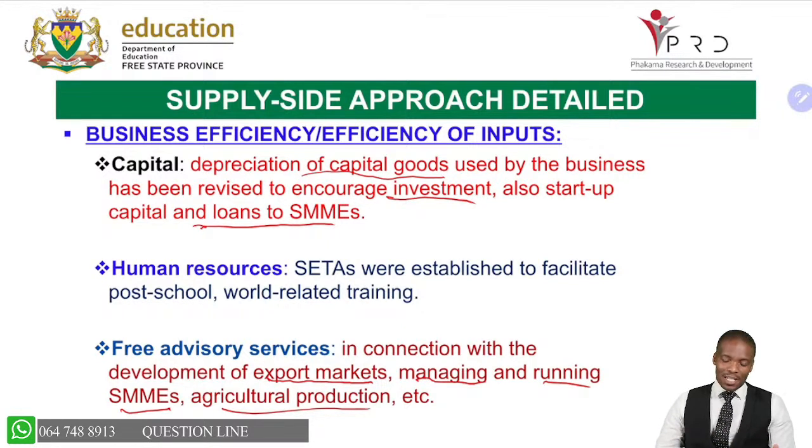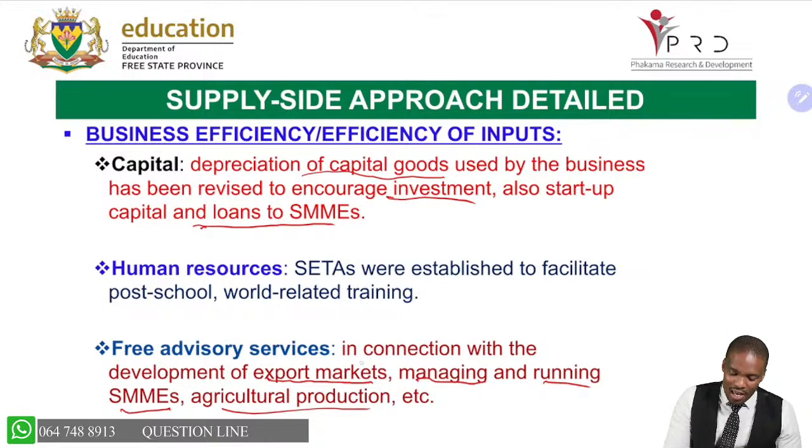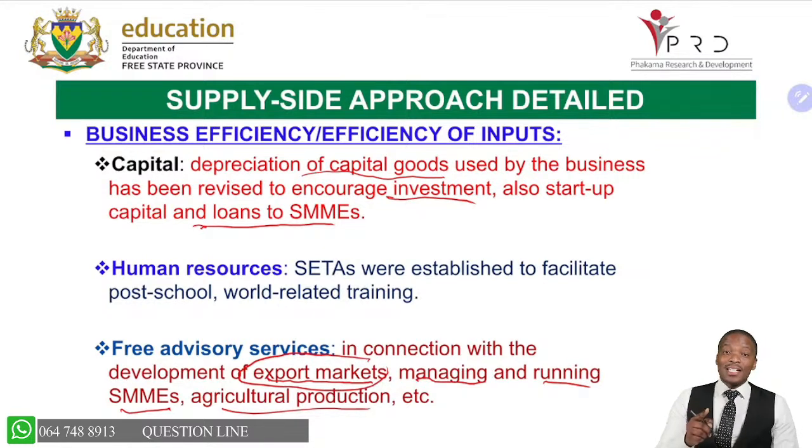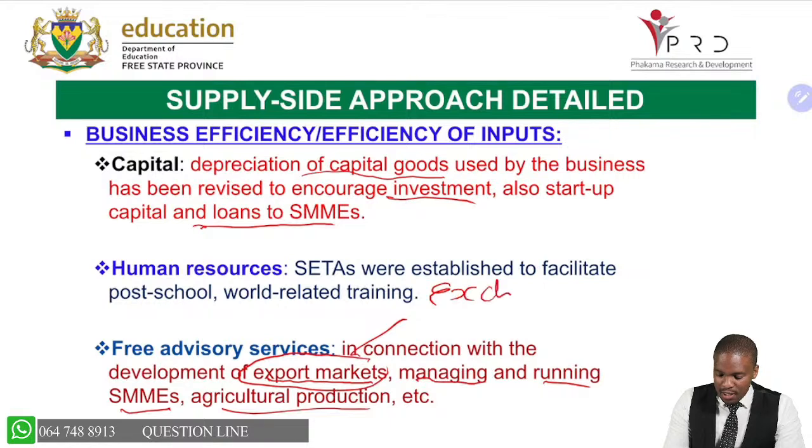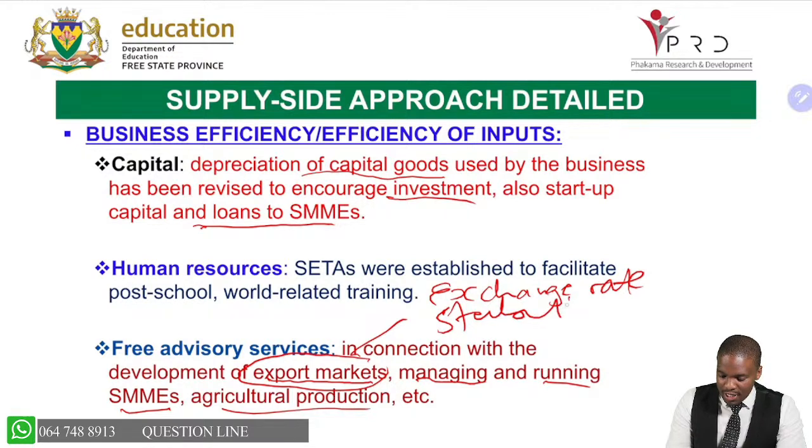So those are the free advisory services that the government should offer to businesses in South Africa so that those businesses may be able to expand. That is why we are saying here for the export market. And when you look at this export market, you will remember the macroeconomic objective number 3, which was exchange rate. I know you are saying that with me, exchange rate stability.